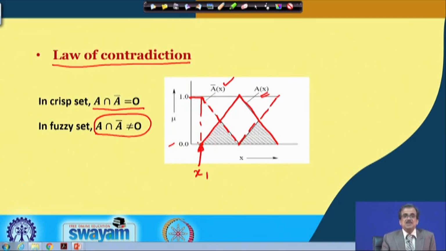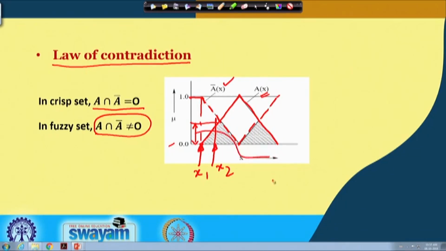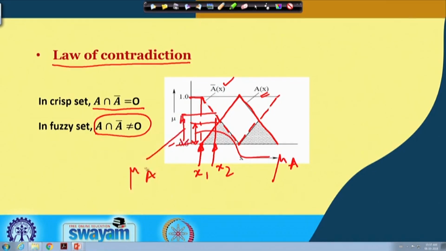So, I will have to consider this particular 0. Next, I consider another value of x, say x2, and this indicates the mu corresponding to A and the mu corresponding to A bar. Now, we compare mu A with mu A bar, and mu A is found to be minimum. So, corresponding to this x2, we consider up to this, and by following the same principle.